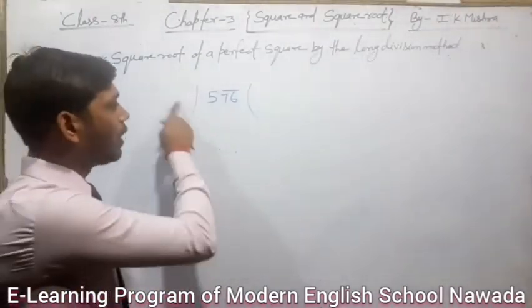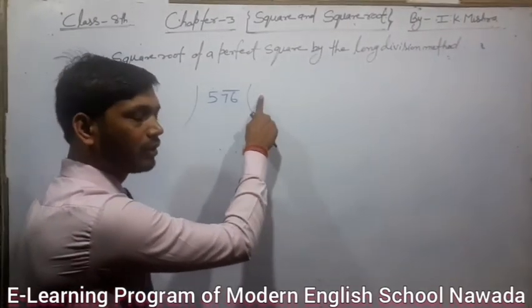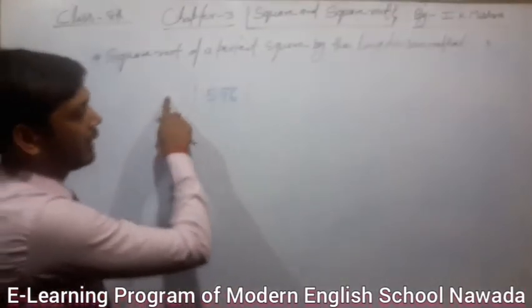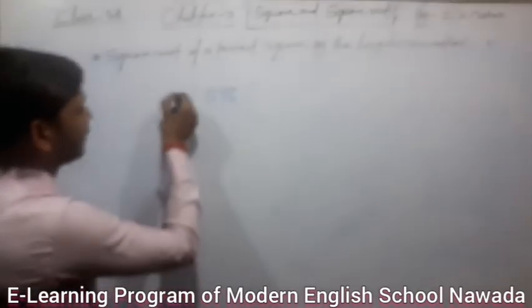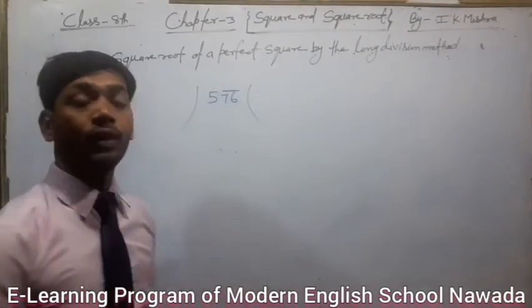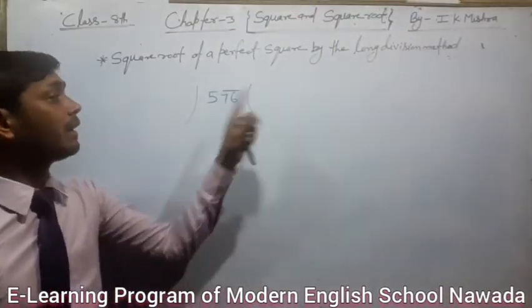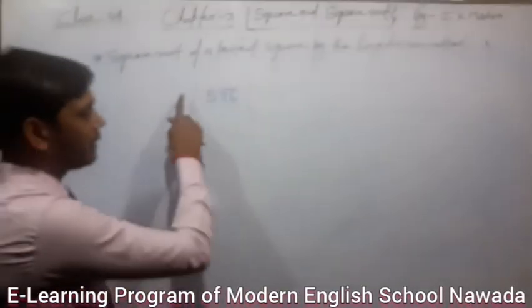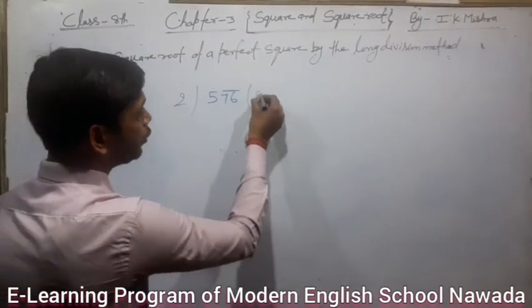If you divide by 1, that means 1 times 1 is 1. But if you divide by 2, that means 2 times 2 is 4, and 4 is just smaller than 5. If you divide by 3, it will be greater than 5. So you should not divide by 3. So divide it by 2, into 2 times.